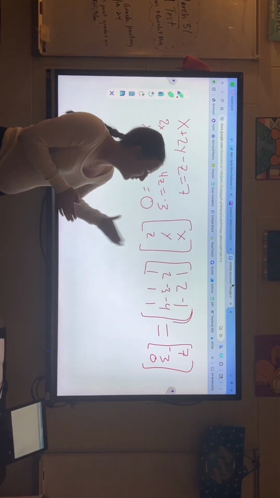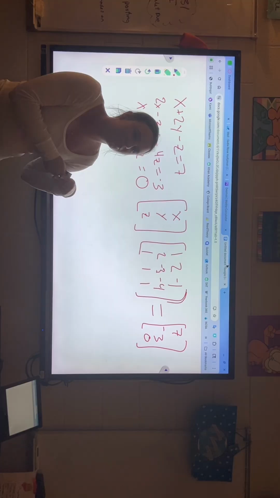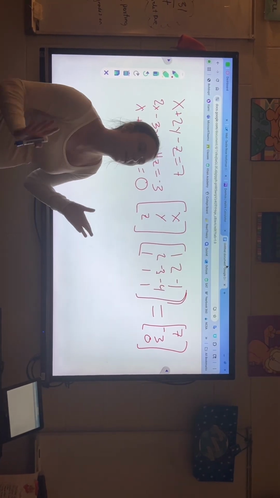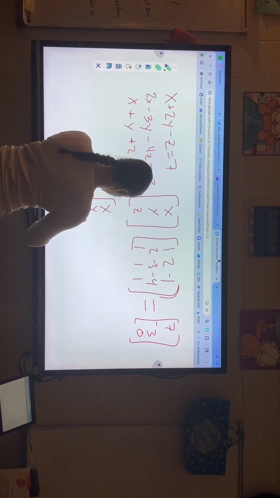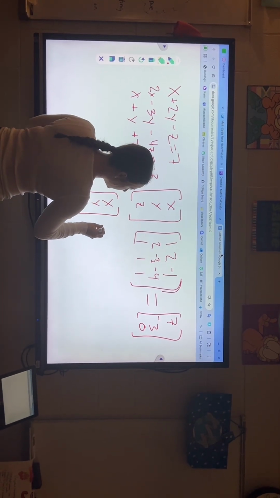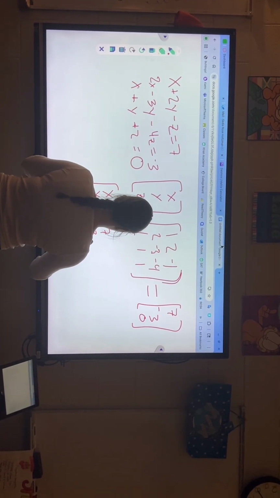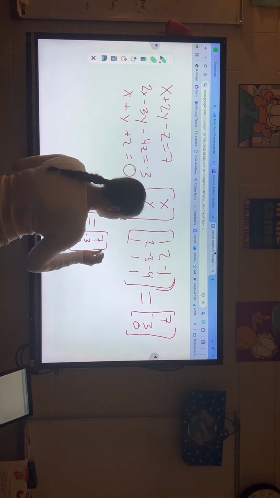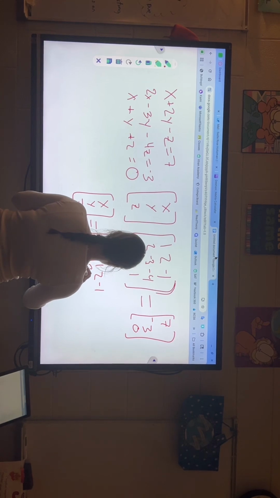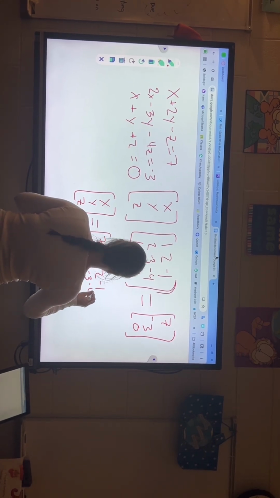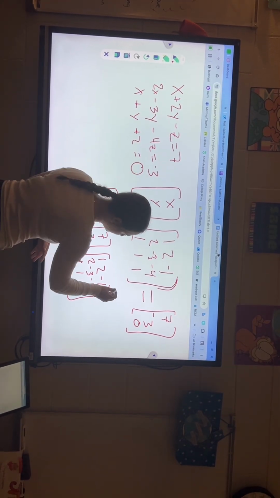Now to get the variables alone, we have to move the matrix over to the other side, but we can't divide a matrix by a matrix, so we're going to have to make it inverse. So it's going to be X, Y, and Z equals 7, -3, and 0, times our matrix on this side, 1, 2, -1, 2, -3, -4, 1, 1, and 1, but since we're moving it over to the other side, we have to make it inverse.